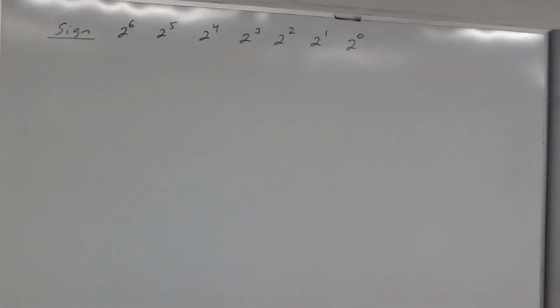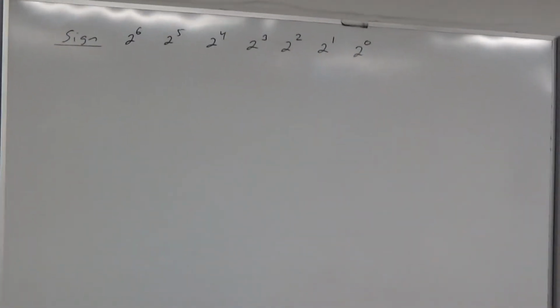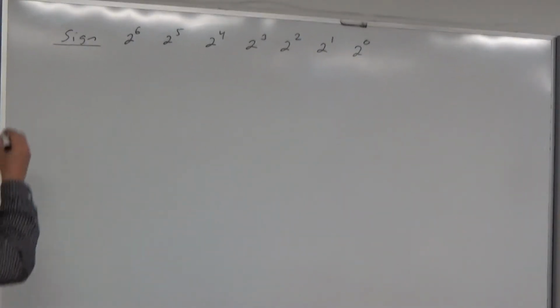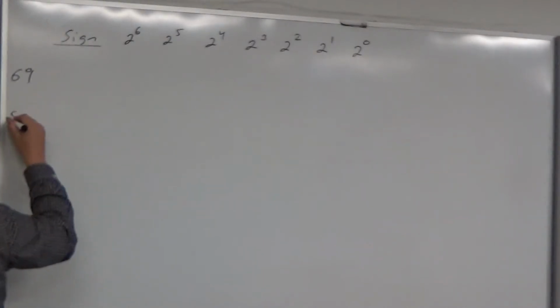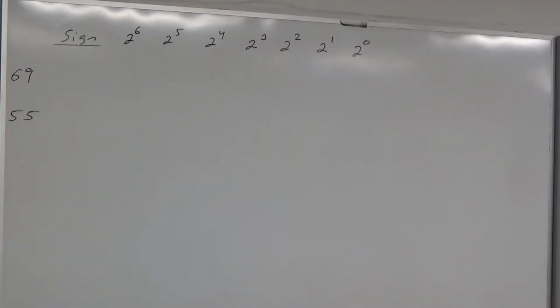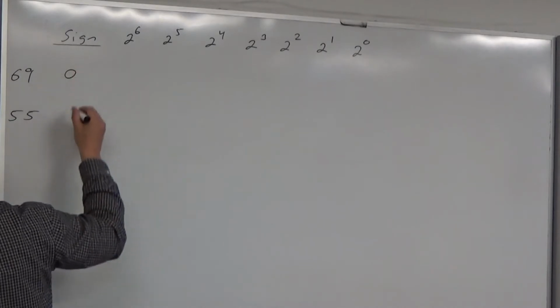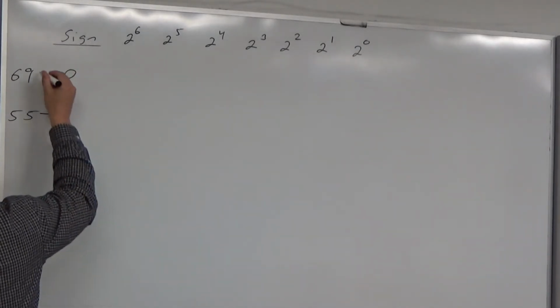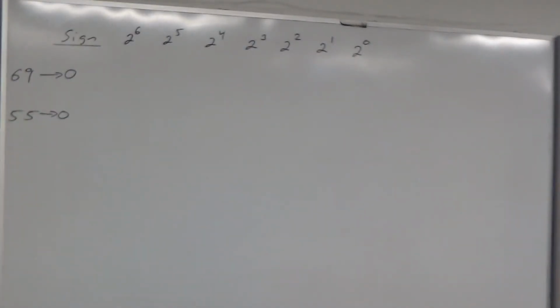I'm going to take number 69 and I'm going to take number 55. And no matter what, the sign always starts out at 0. So if it's positive, it's 0. If it's negative, it starts at 0, no matter what.